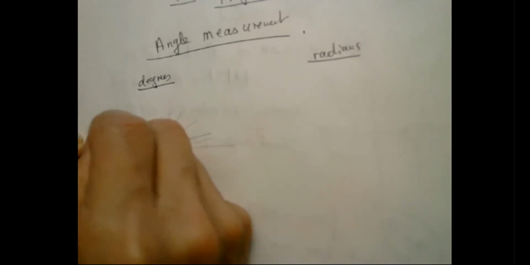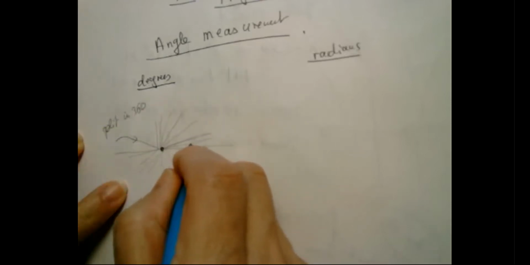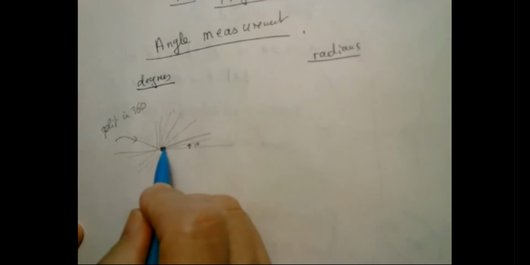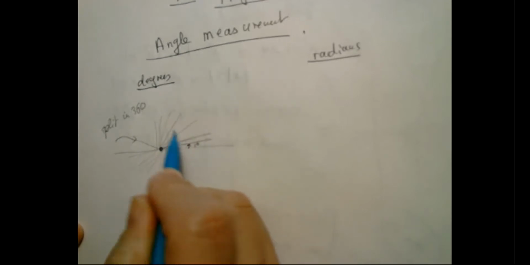And a degree is one of them. What is the 360? It's an arbitrary number that the Babylonians decided is how many pieces they wanted to split the circle into.